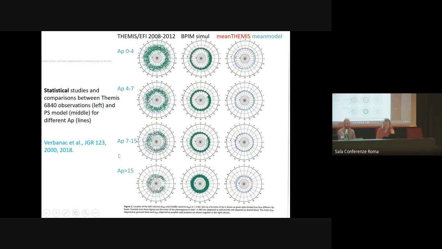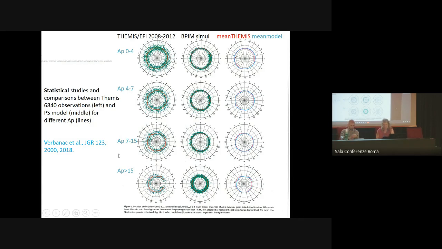If we calculate the mean THEMIS plasmapause obtained, we obtained this red circle that is clearly closer to the Earth when the activity is high than when the activity is low. If we compare with our model, we obtain also this plasmapause that is closer to the Earth when the activity is high. But you can see that the dispersion is less high.